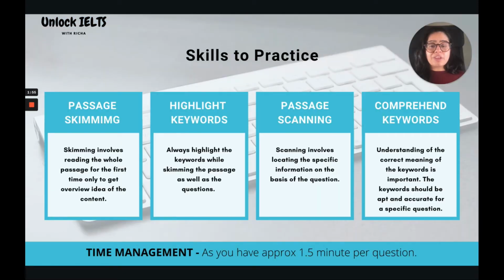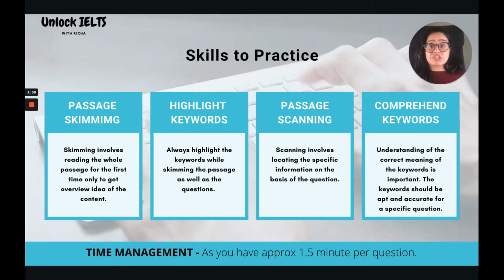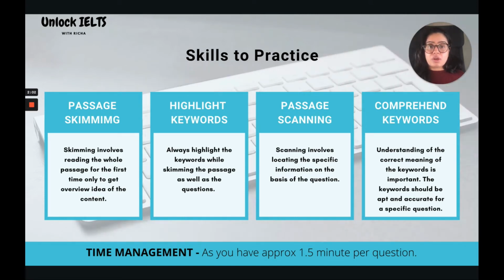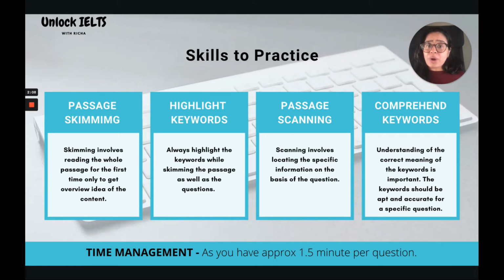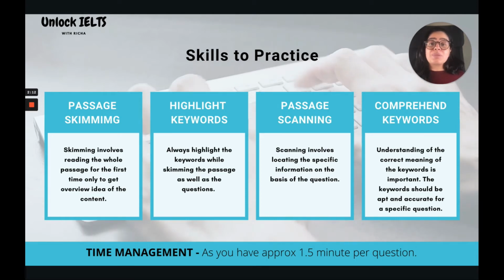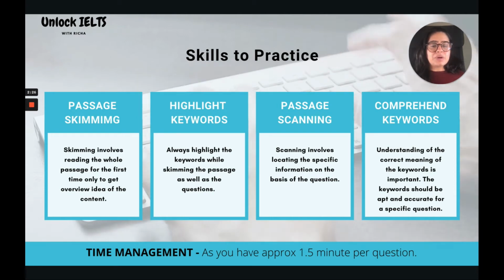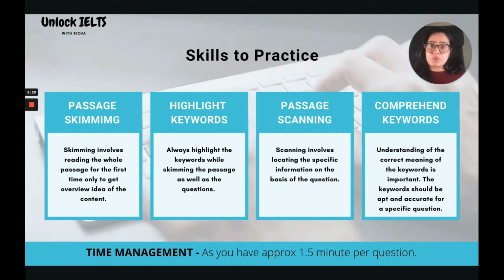Now comes one of the important aspects of the IELTS reading section: the skills which you need to implement effectively. First of all, you need to skim the passage in order to get the overall idea of it. You are not at all required to read every word of the passage, or expected to understand every bit of it. Then you need to highlight the keywords by skimming the passage as well as the questions.